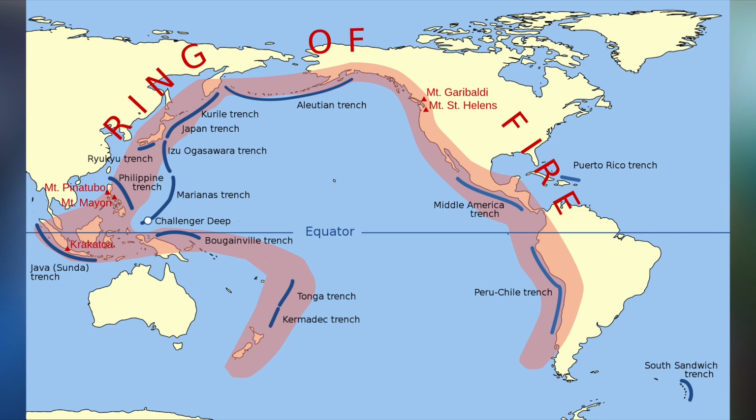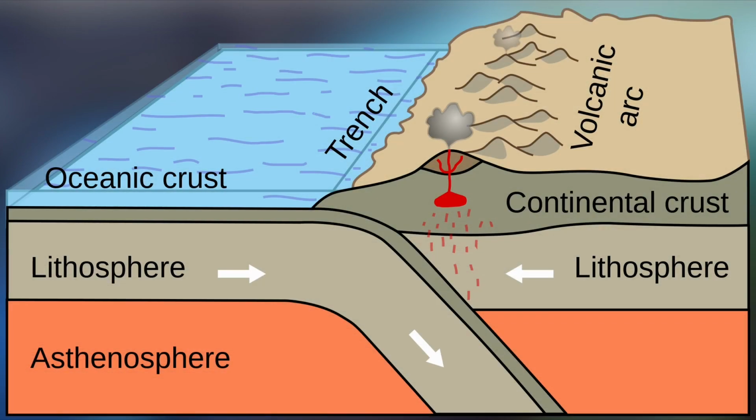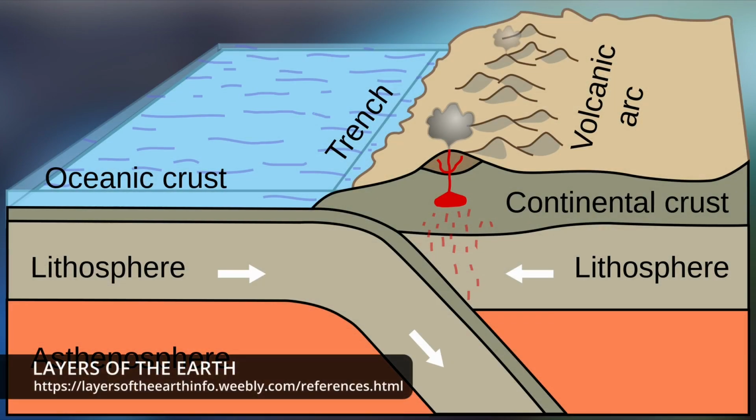So in these locations, basically what happens is that in the case of a convergent plate boundary, one plate is subducting under the other. Often the oceanic plate will be subducting under the continental plate because the oceanic plate is thinner and denser, so it's lower down on the mantle.